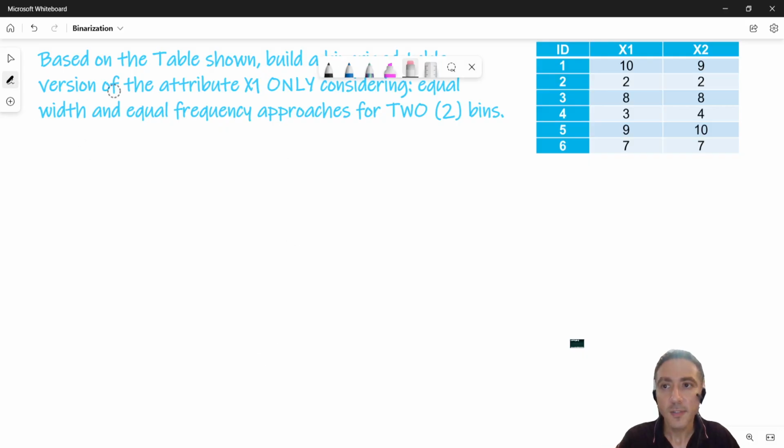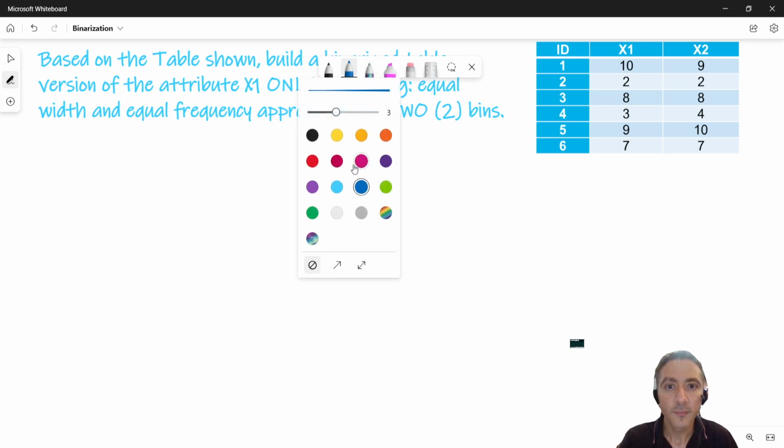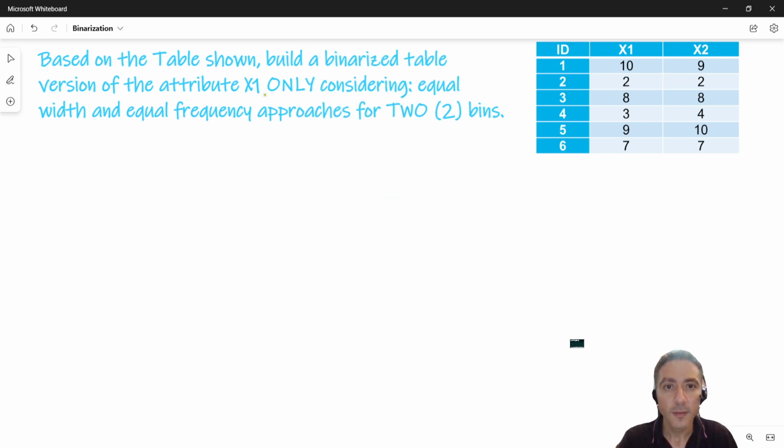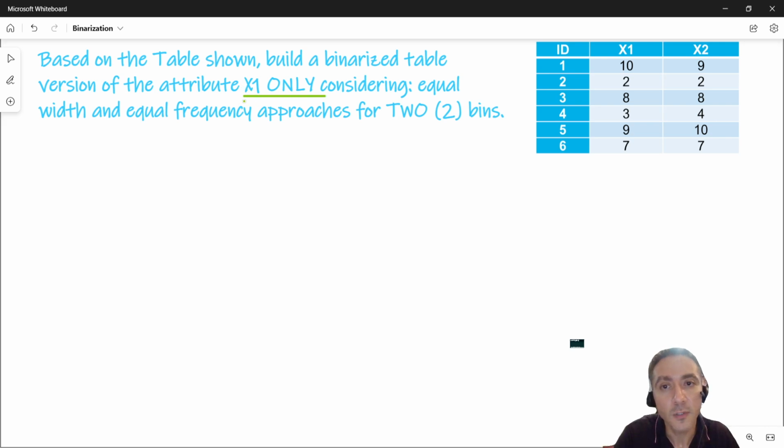In this exercise, based on the table shown, let's say we have a data set of 6 objects with 2 features, x1 and x2. We are interested in building a binarized table version of the attribute x1 only, considering both approaches, equal width and equal frequency, for 2 bins.